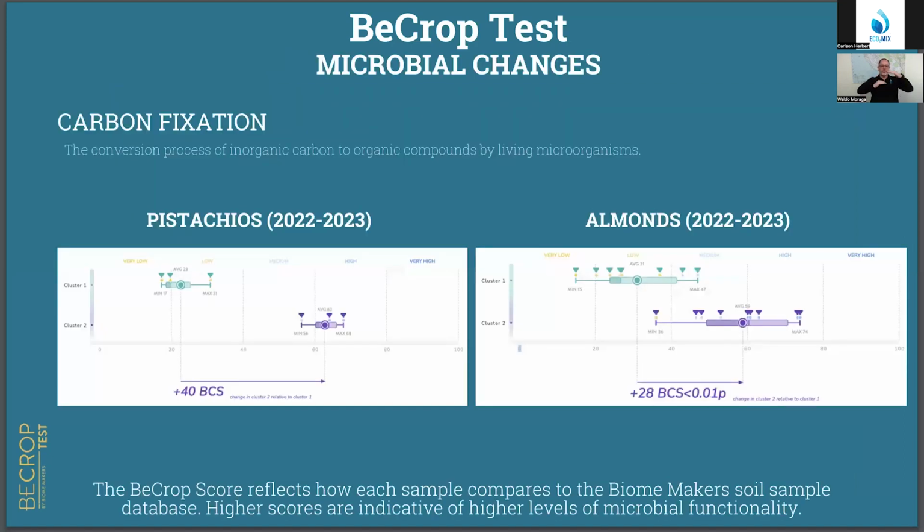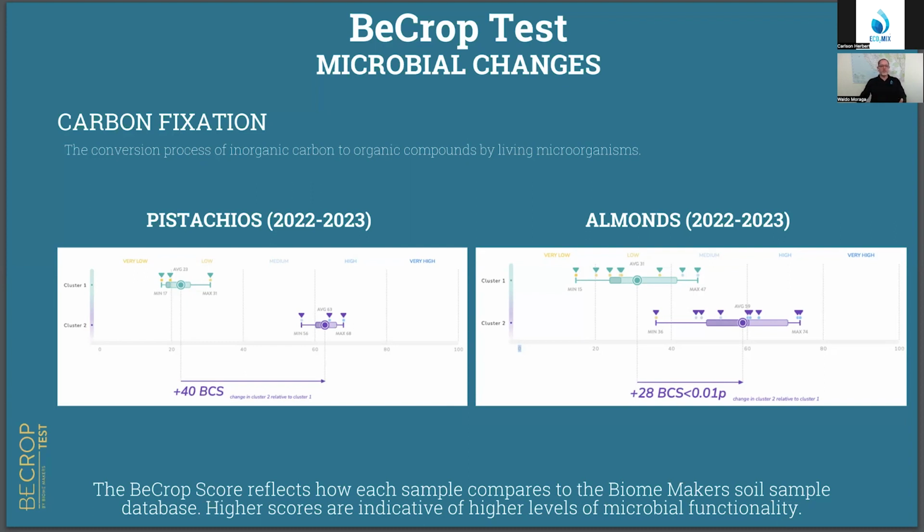We divide this part of the presentation into two types of results. This first one shows changes in the microbiome universe on a group of pistachio orchards and the same on almonds. So you can see pistachios on the left, almonds on the right, okay? From samples taken in March 22, spring sample, and August 23, fall sample, after 2 full irrigation seasons, okay?